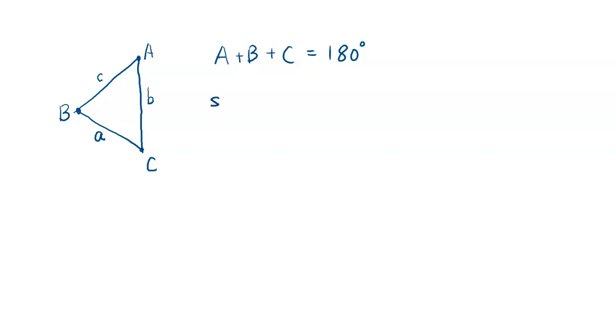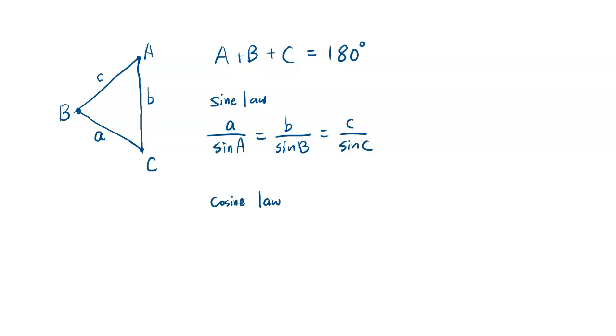The first is the Sine Law, which is that a over sine A is equal to b over sine B, which is equal to c over sine C. And the next thing is the Cosine Law, which is c squared is equal to a squared plus b squared minus 2ab cosine angle C.